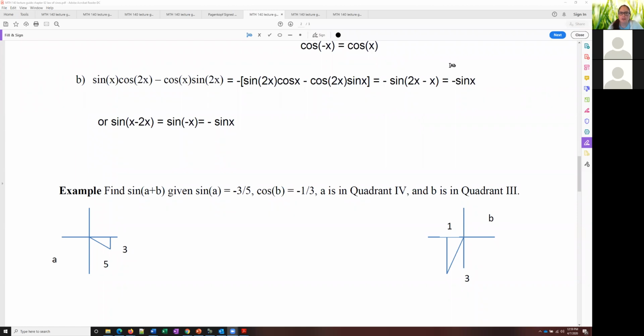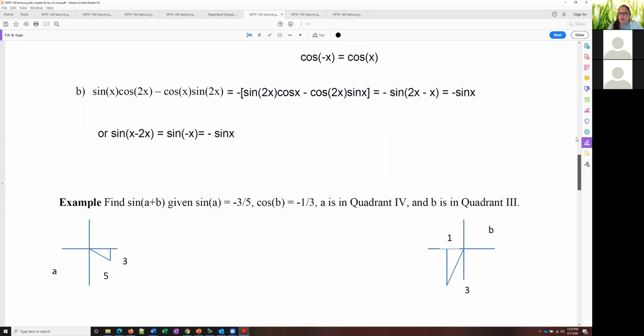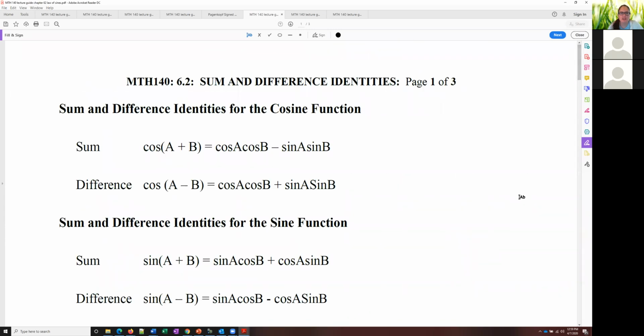Okay, so yesterday we had gotten started on this section, section 6.2, the sum and difference identities.